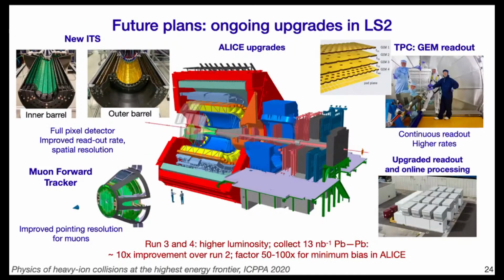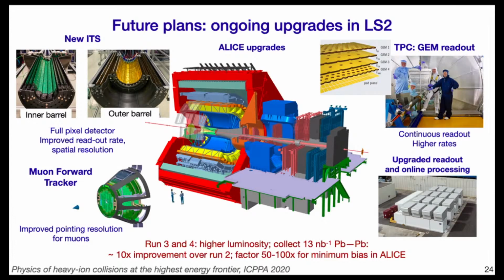Now, before summarizing, I wanted to give a very brief outlook to the future, which echoes some of the things that Peter already talked about. At the LHC, we are currently in a long shutdown, and in particular, ALICE is doing a lot of upgrades. I'm familiar with that because I am working in ALICE.